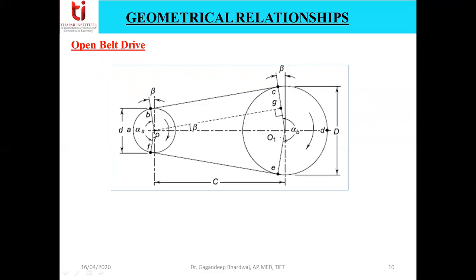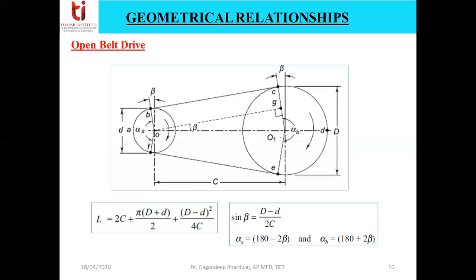Small d is the diameter of the smaller pulley, and capital D is the diameter of the bigger pulley. So in this case, we have derived the expression for length of open belt drive. We have already done this in the third semester, that is how we get the expression for length of open belt drive and cross belt drive.